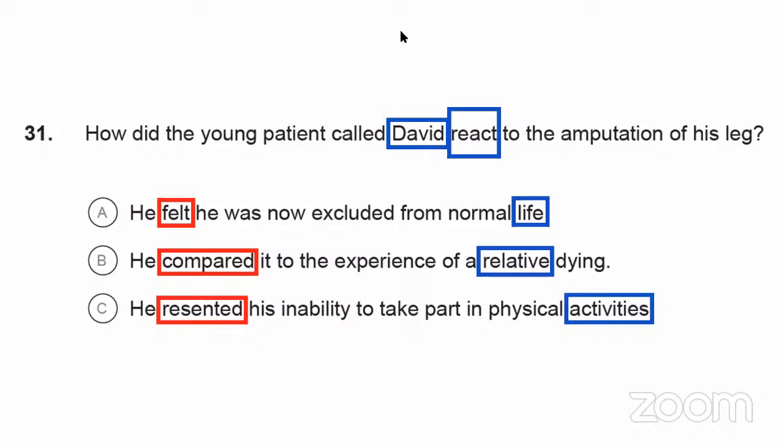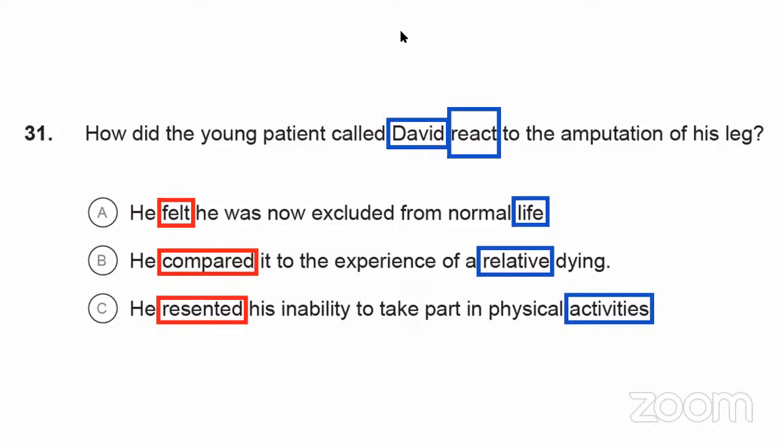Create poll. A, B, and C. So question number 31.